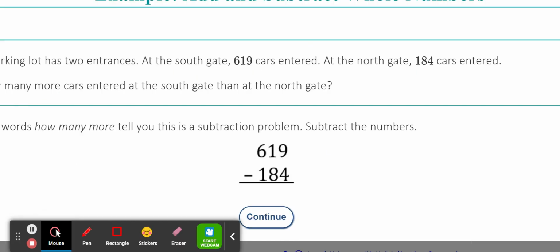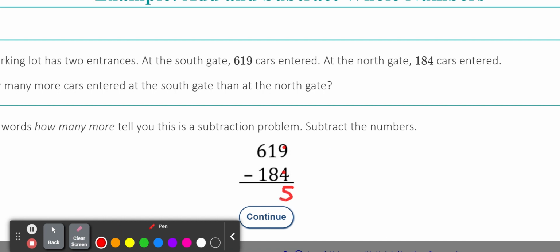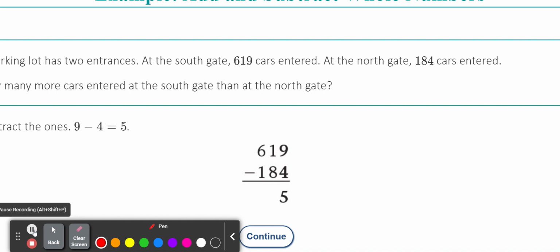Just like the addition problem, we're going to subtract column by column going from right to left. So we start on the far right and we see 9 minus 4. 9 minus 4 gives us 5. So I'm just going to write the 5 right there in its right place in the column. Looking at our second column, we have 1 minus 8.